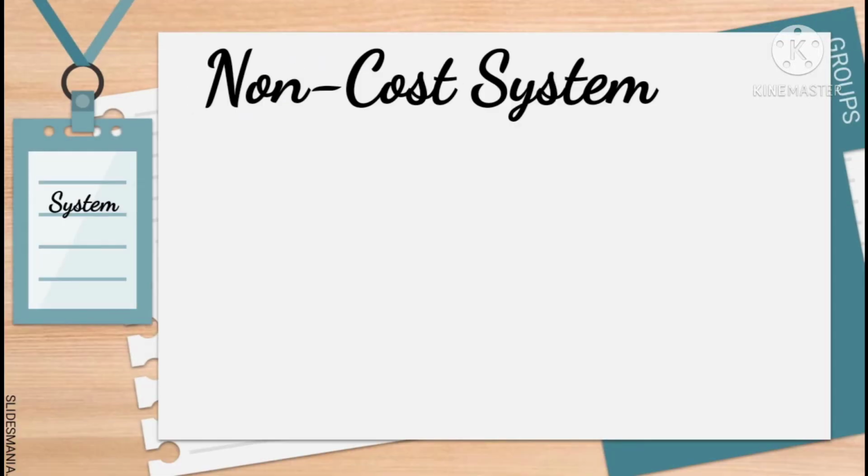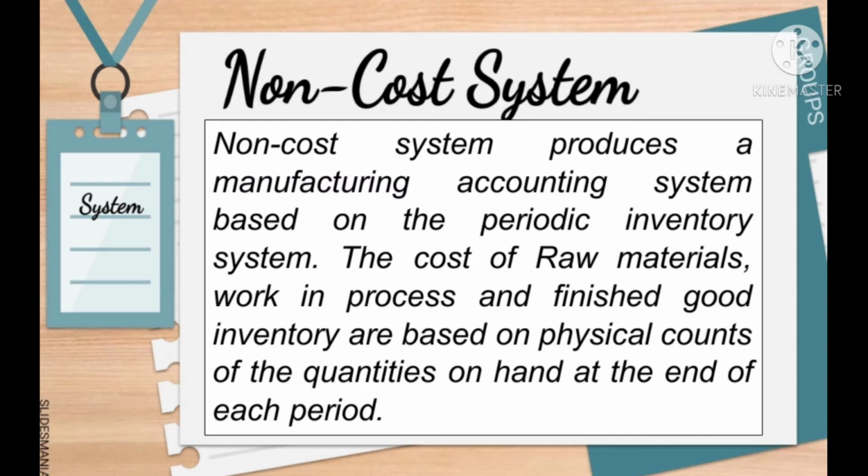What is non-cost system? Non-cost system produces a manufacturing accounting system based on the periodic inventory system. The cost of raw materials, work in process, and finished good inventories are based on physical counts of the quantities on hand at the end of each period.